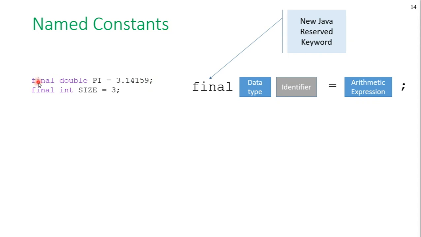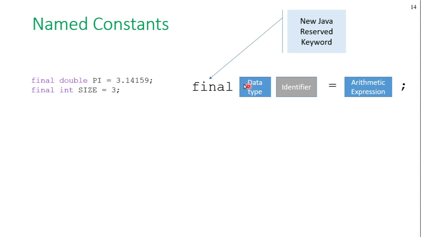So the final keyword allows you to turn a declaration of a variable into a declaration of a constant. The syntax is final, data type, identifier, equal sign, arithmetic expression, semicolon.